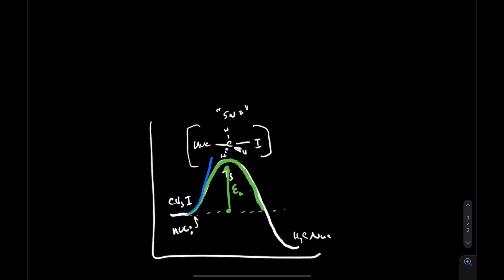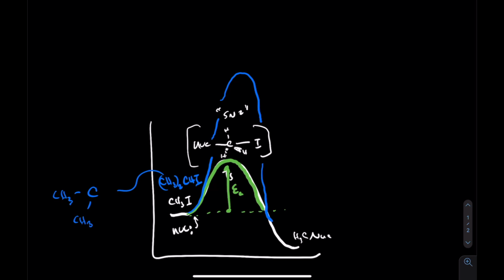So if I wanted to make the transition state bigger, by taking a product instead that is (CH3)2CHI, all right? And what does that look like? Remember, that's CH3, CH3, HI.